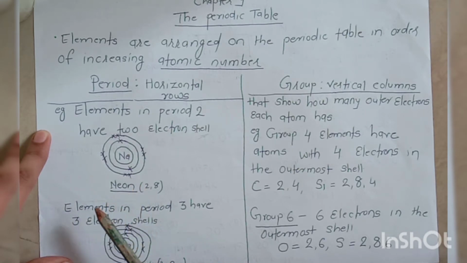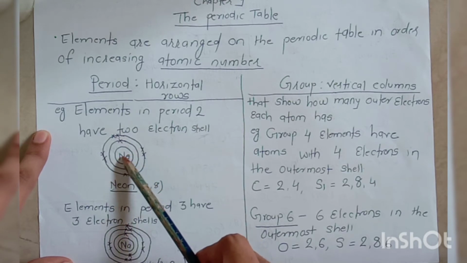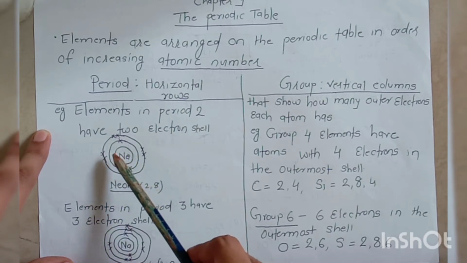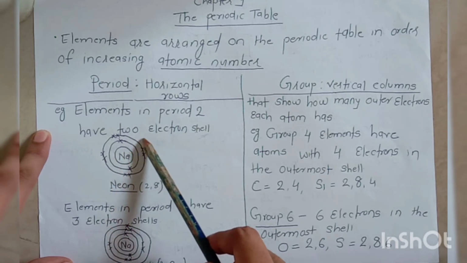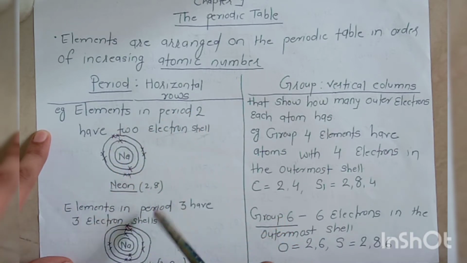You can see here neon, Ne. This is the nucleus where I have written the symbol Ne, this is the first orbit or first shell, and this is the second orbit. So period 2 has 2 electron shells.